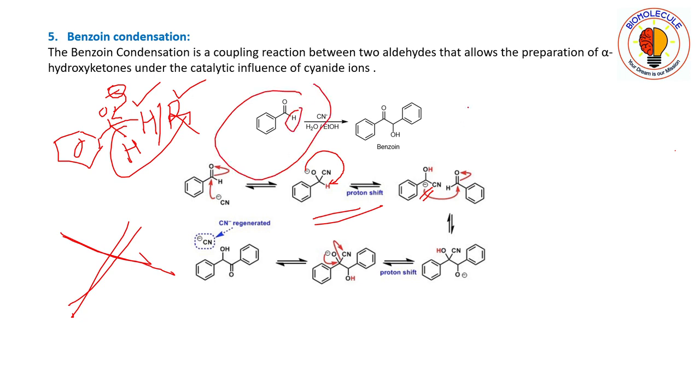If any other group, such as acetophenone, then it would have been a phenyl group. But here what you are getting is cyanohydrin, which has this nitrile group. Because of this nitrile group, these alpha hydrogens are becoming acidic in nature, whereas these alpha protons were not acidic in Cannizzaro reaction.